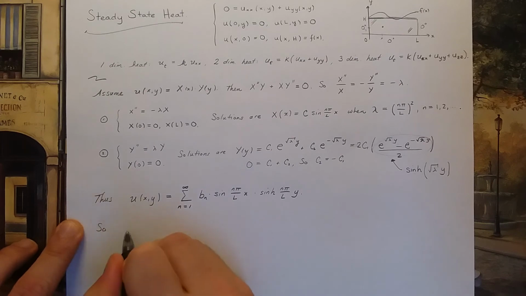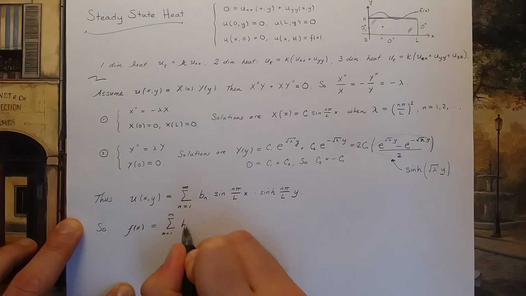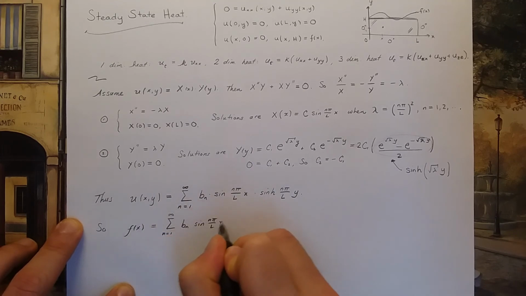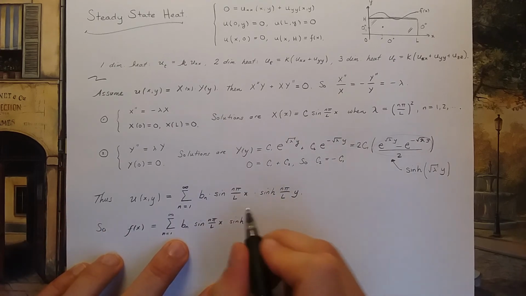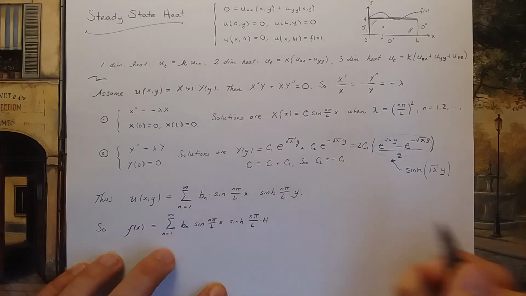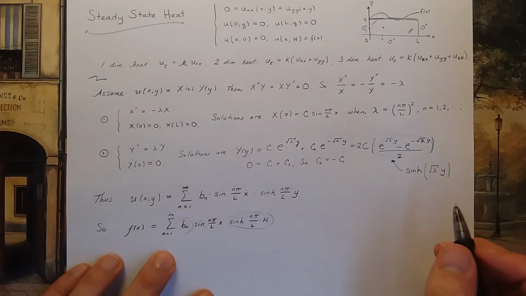It says if I plug in y equals h, I should get out my function f. So my function f of x is the sum, n going from 1 to infinity, bn sine n pi over L x, and then this will become hyperbolic sine, sinh, of n pi over L times h. This is some constant, just like bn is a constant.